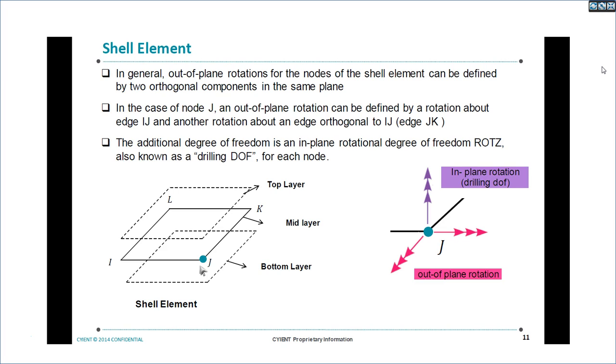One simple example we can demonstrate is, suppose the program calculates some deflection here, U. This is mid, and we have bottom, we have top. When the component is subjected to bending, the component will bend like this.